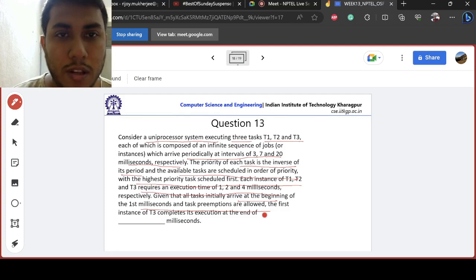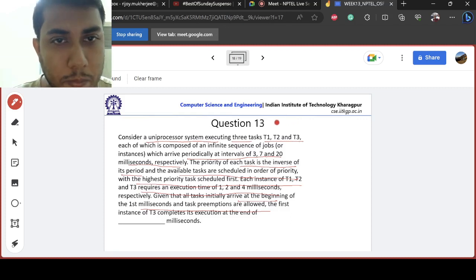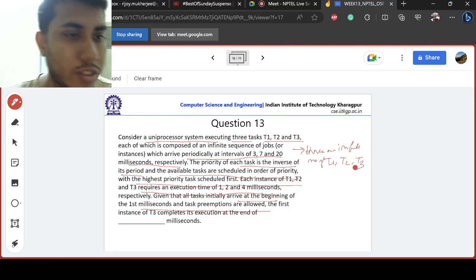Okay, so think about it this way. Here are the points. Let me write down. There are an infinite number of T1, T2, and T3, right?